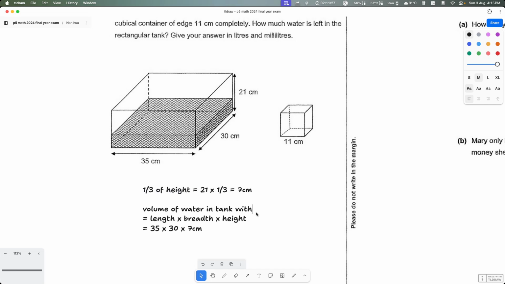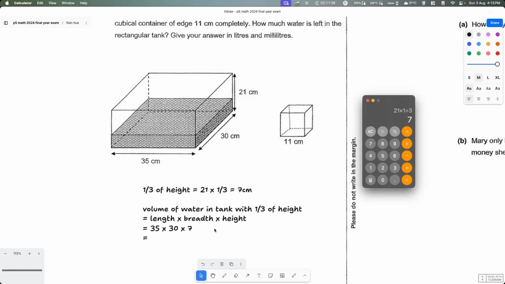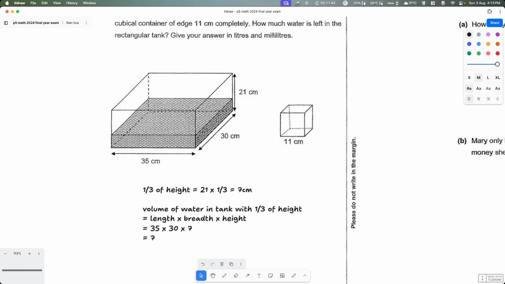So volume of water in tank with one third of height, in this case over here. So then what will this become? I'll just use the calculator. 35 multiplied by 30 multiplied by 7. This will give us 7,350 centimeter cube. So now we know the volume of water inside.